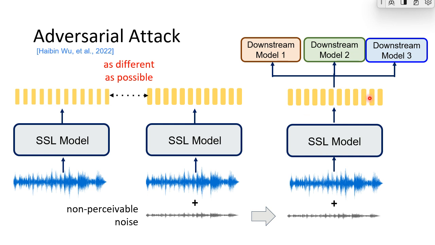And because the output is different, probably all the downstream tasks that leverage this self-supervised model will have catastrophic performance degradation. In this paper, the experimental results show that the self-supervised model can easily be attacked. In the black box setting, those downstream models' performance degrades very seriously. This is about adversarial attack.